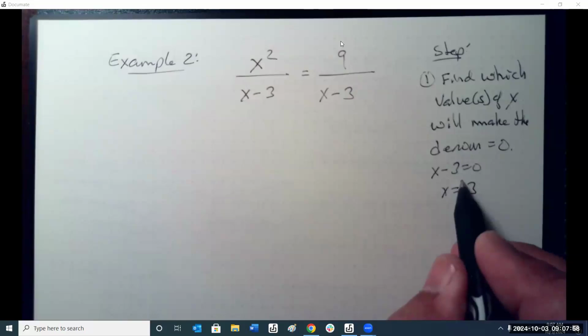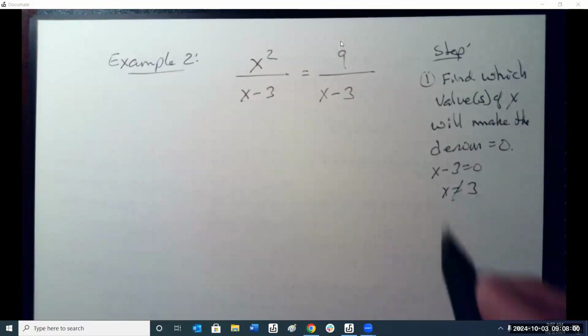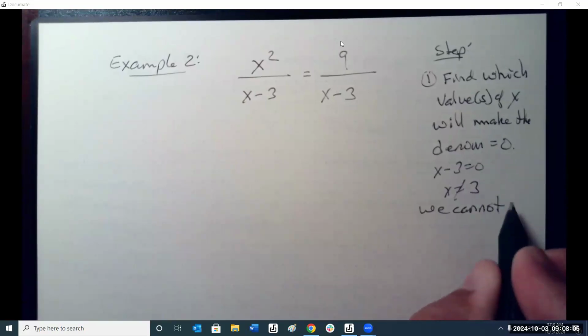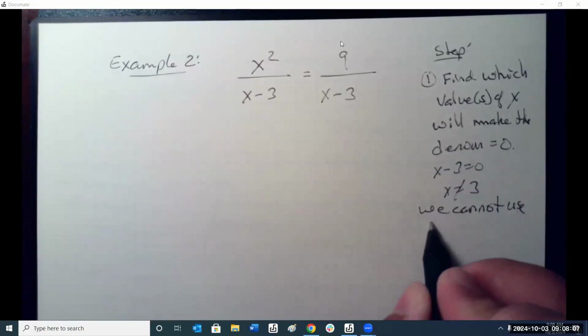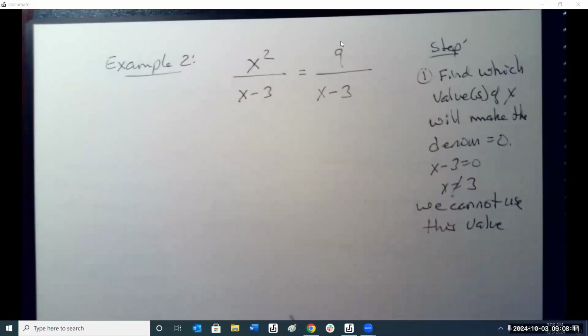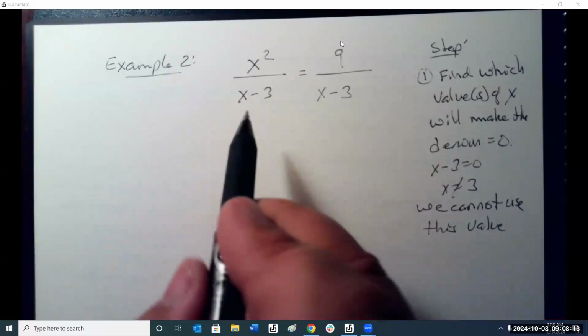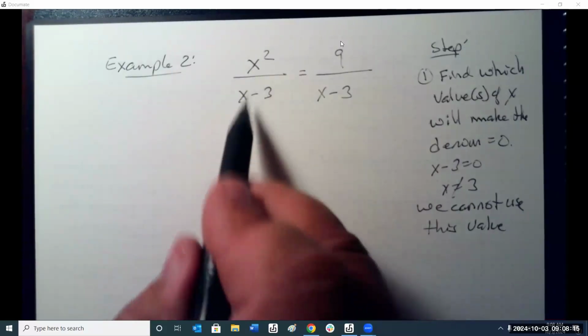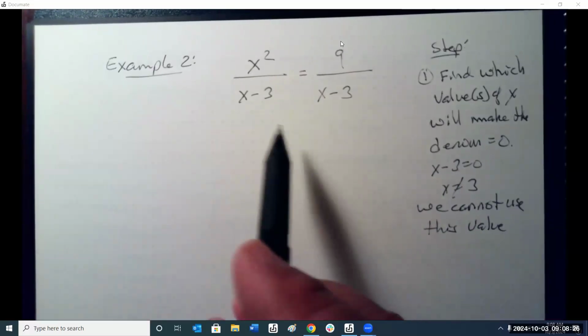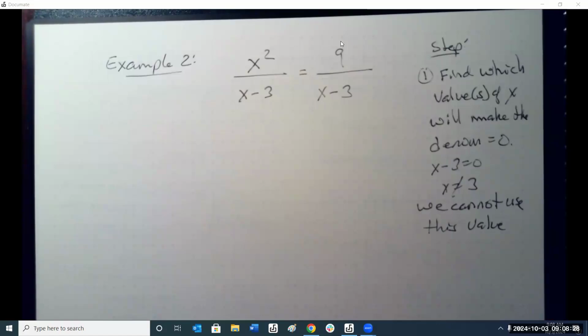So that is the value we cannot use. We cannot use that value because if we plug in 3 inside here, it makes the bottom 0, making it undefined. So whenever you have fractions, before you change anything, you have to first find out what x values you cannot use.